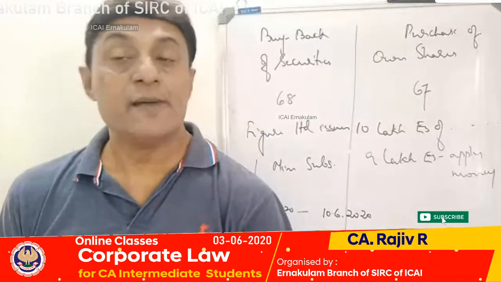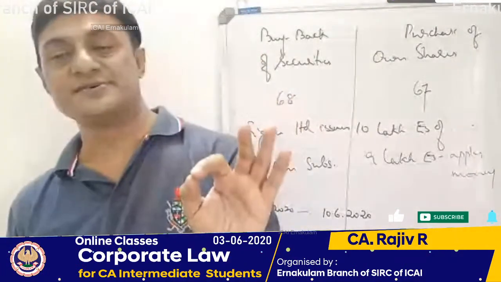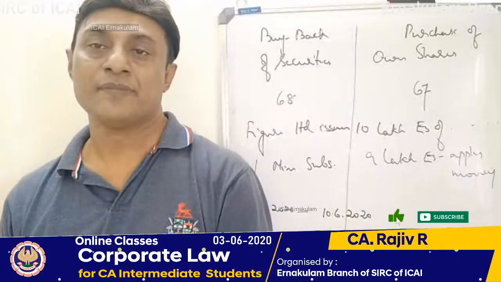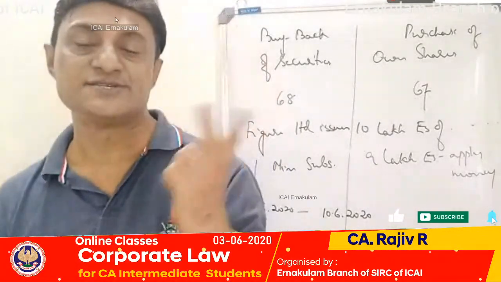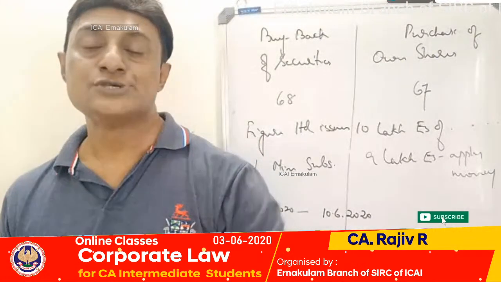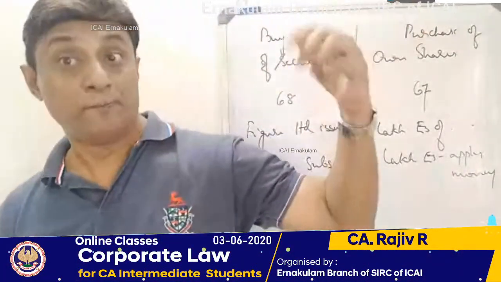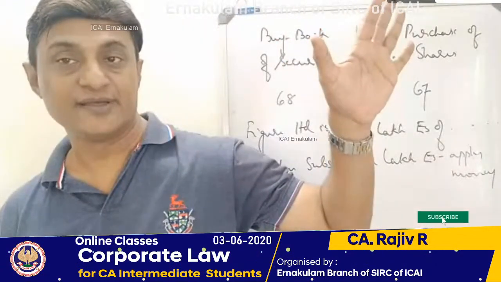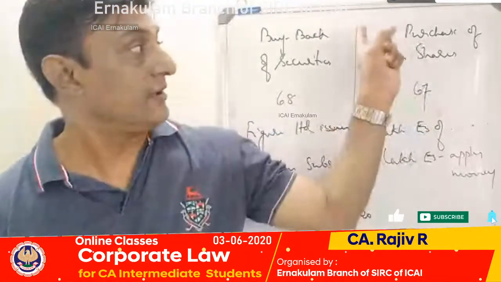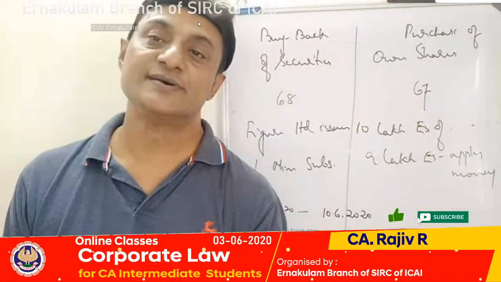Can a company do this? Company is a separate legal entity. I told you 90% of the problems in the Company's Act arise because the company is a separate legal entity. That feature can be misused. It can be twisted. So here, because the company is an artificial, separate, legal, perpetual entity, it decides to get away with the problem of minimum subscription by purchasing its own shares. Not allowed.